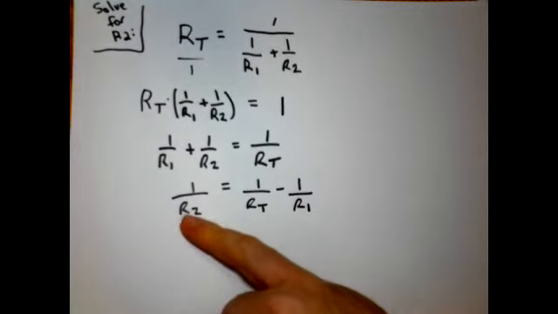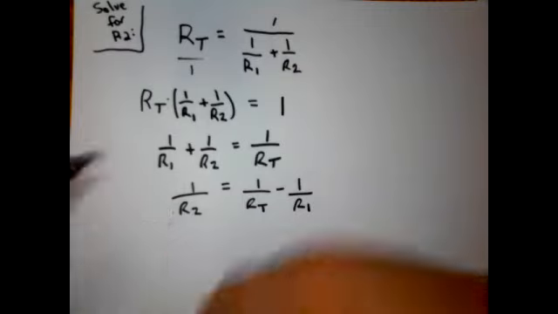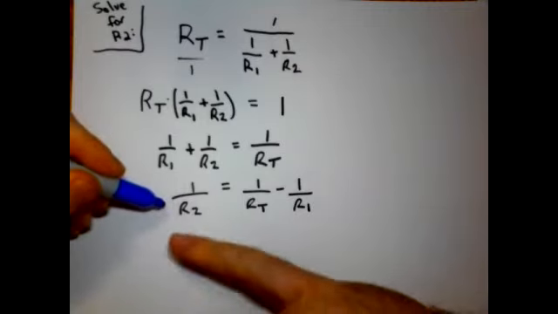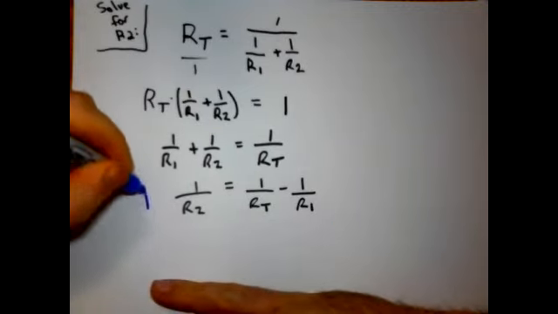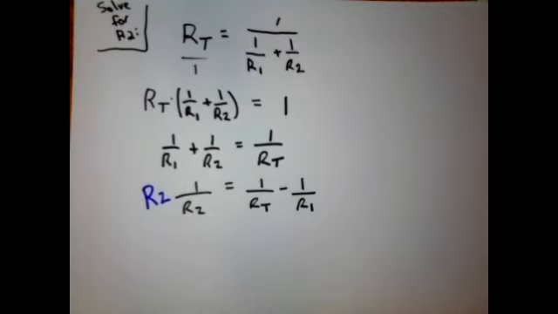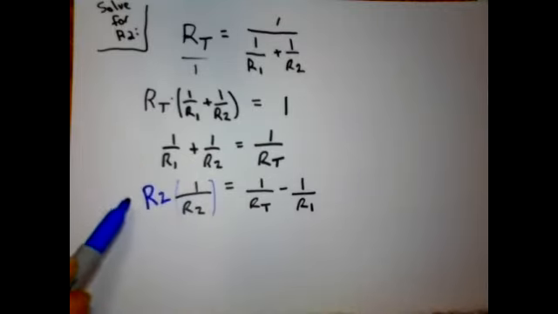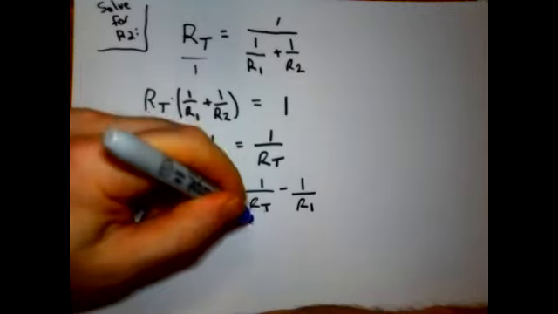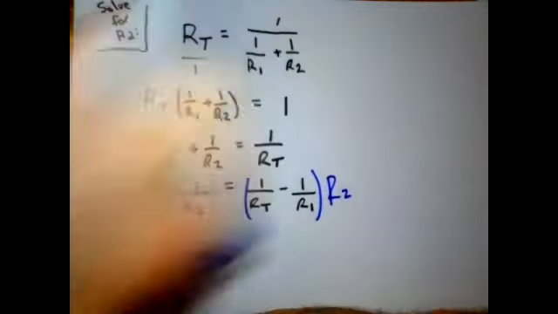Still trying to solve for R2. 1 over R2, they're being divided. The opposite of dividing, if I want to get this thing onto the other side, is to multiply. So if I multiply that whole side by R2, those would cancel out. But if I multiply the left by R2, I've got to multiply the right by R2.